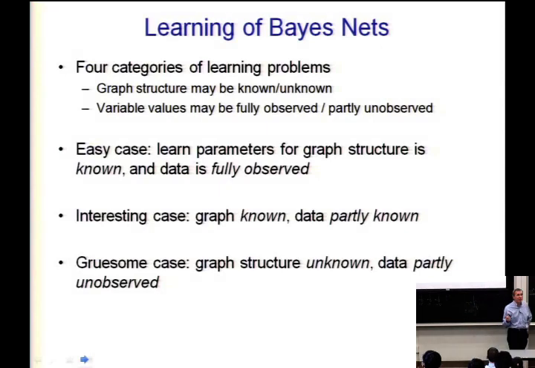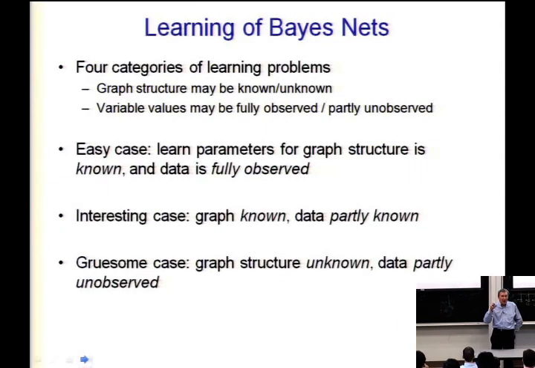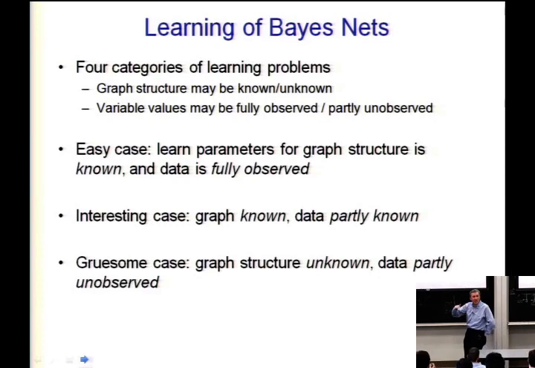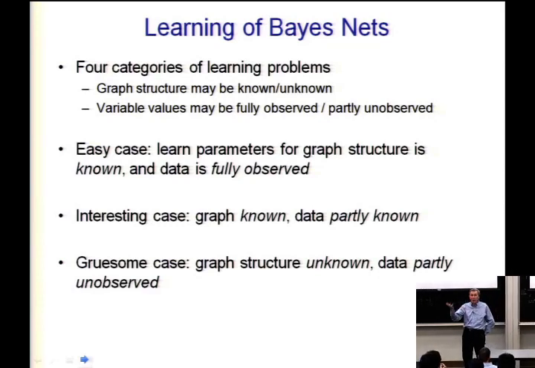For example, if you imagine training a graphical model, a Bayes net, to classify medical patients, to predict their disease based on their symptoms. Usually when I go to the doctor, they don't put me through every possible test. They just look at 4 or 5 things. And then there are a lot of unobserved variables like, you know, what's Tom's white blood cell count? Well, we don't know. We haven't measured that yet.